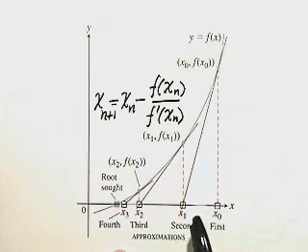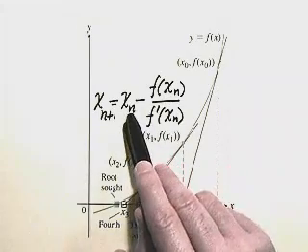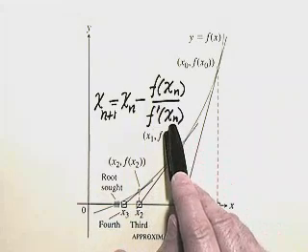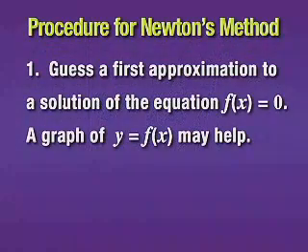Well, what we've just found is to get the next point, you take the previous point minus f at the previous point over f prime at the previous point, and that's the next point. So that gives our procedure for Newton's method.